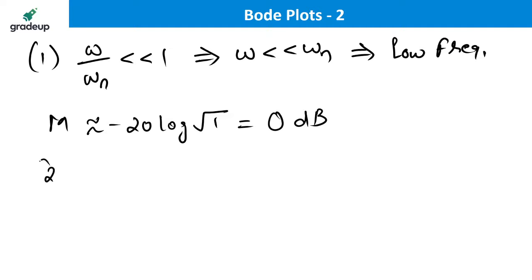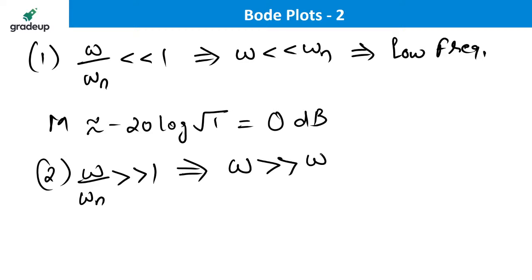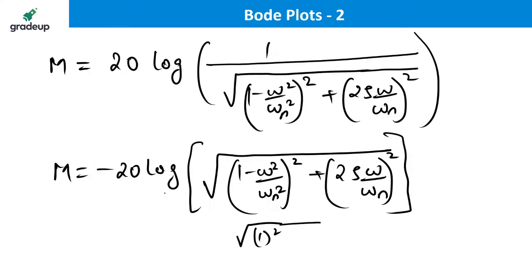Okay. Second case, omega upon omega n is greater than 1, which means omega is greater than omega n. That means now we are talking about high frequency. So what will be the magnitude now? Approximately, look at this.